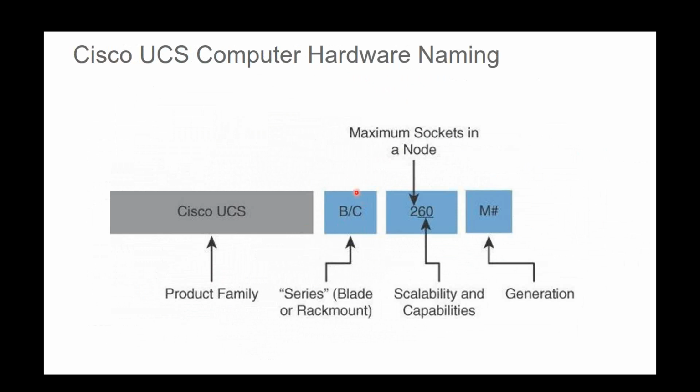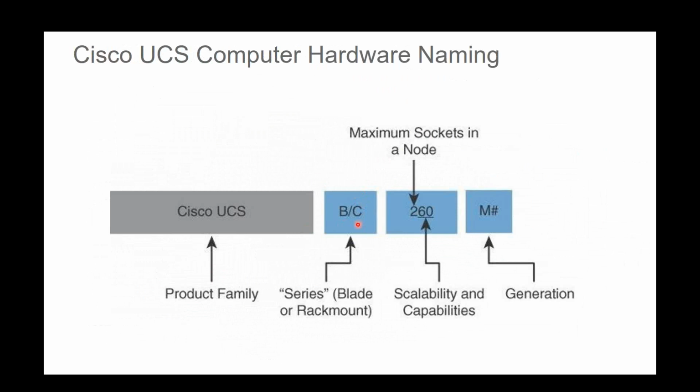B-series servers are blade. C are chassis or rack mount. There's also E servers, which I've never seen. Those were actually a blade that go in certain ISR routers. If you have a really small branch office, you want just an ISR router, a single site server with some storage, maybe a read-only domain controller.